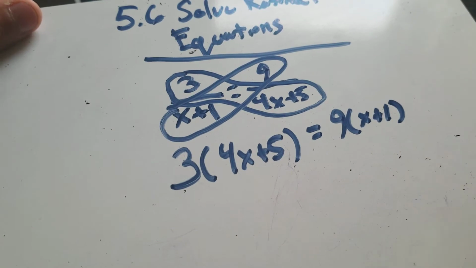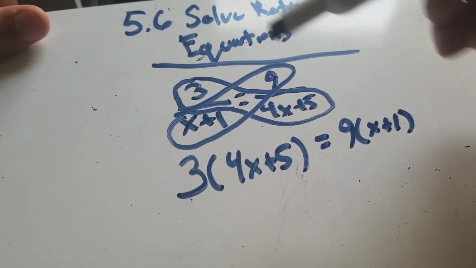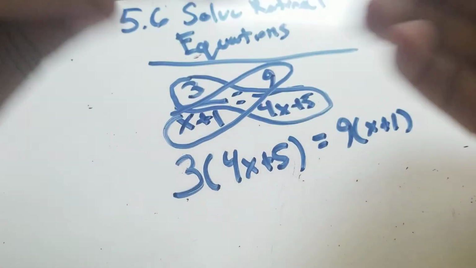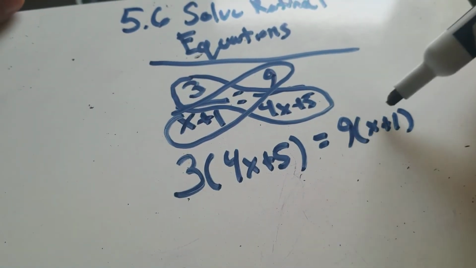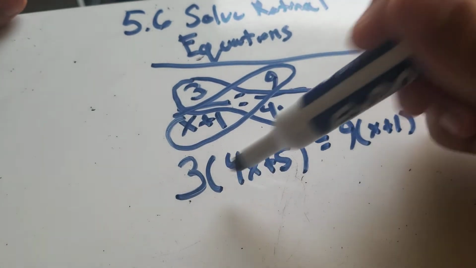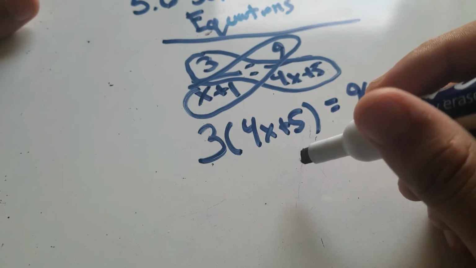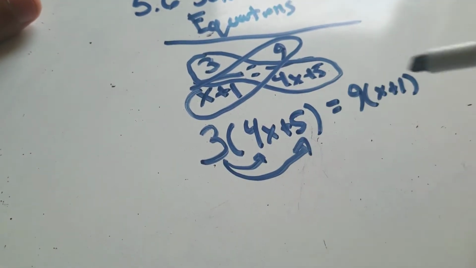So we have two expressions like that. Let me just go over it again. You've got to do the diagonals. X plus 1 is locked in, so you can't distribute the way you want to. On the left, we've got 3 times 4x plus 5, so I'm going to have to distribute to everything in the parentheses.